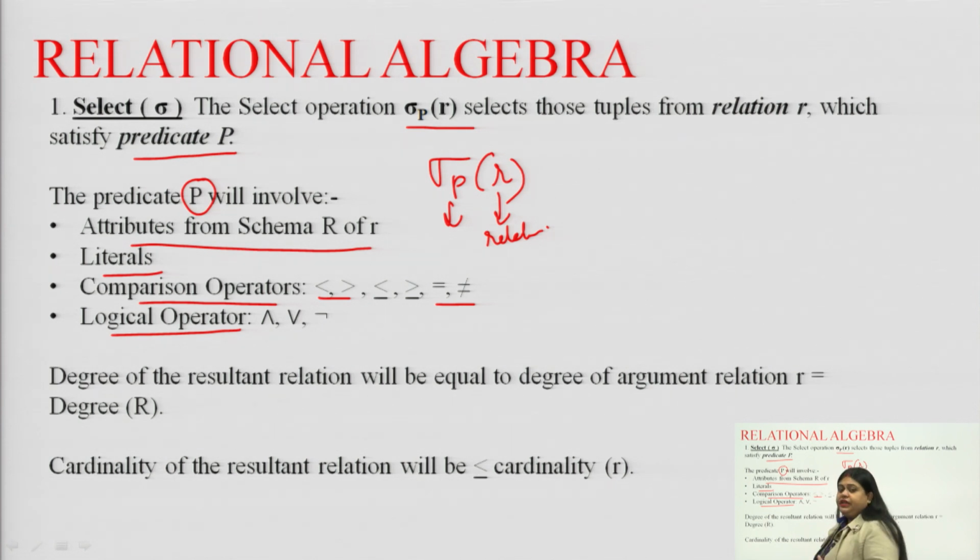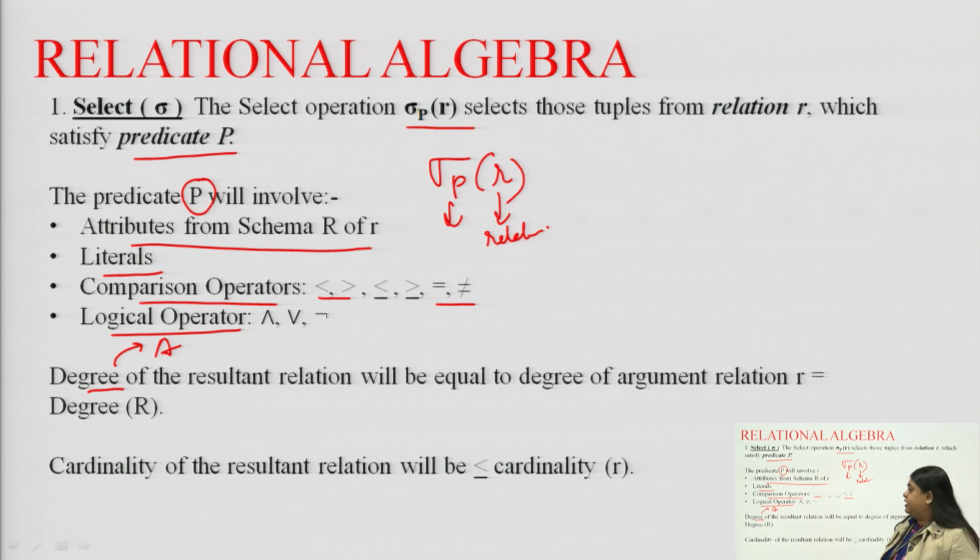Now, before we get into the example of how the relational algebra works with the selection operator, we need to understand the degree of the resultant relation. Now, what is the degree? Degree means the attribute set, right.